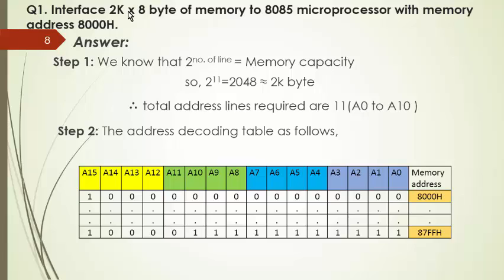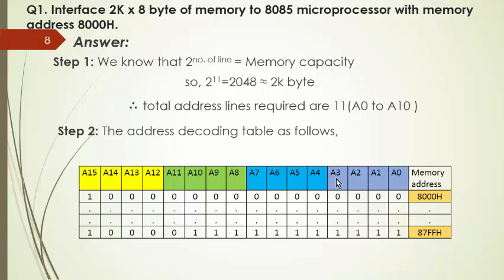To understand the number 8000, it is required to group these address pins in nibbles. To understand the nibble-wise address mapping, I have shown the address decoding table in various colors: blue, green, yellow.